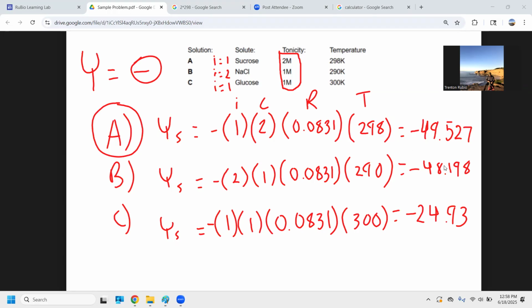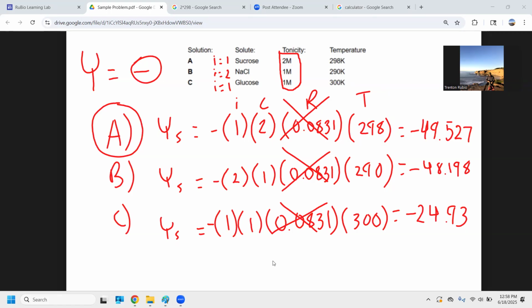How else could we have solved this without plugging all of this in? Well, the value for R is the same for each of these, so we can pretty much ignore R. We could then turn our attention to the two numbers here for ionization constant and molar concentration.